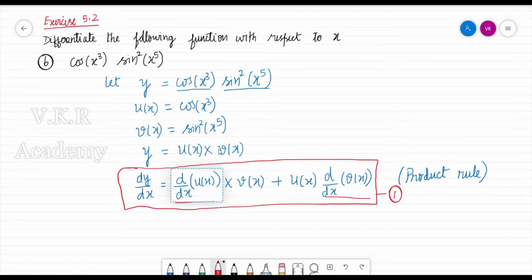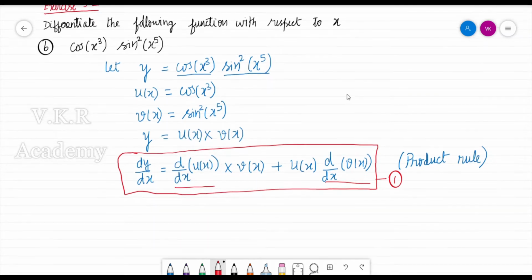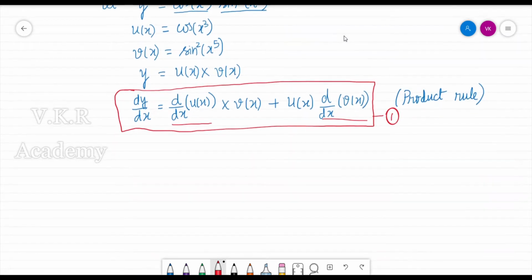Now, we have assumed u of x to be cos of x cube. Let's explain the chain rule for differentiating this.